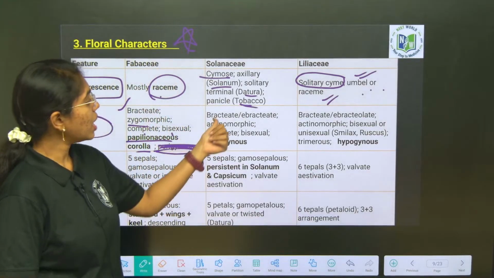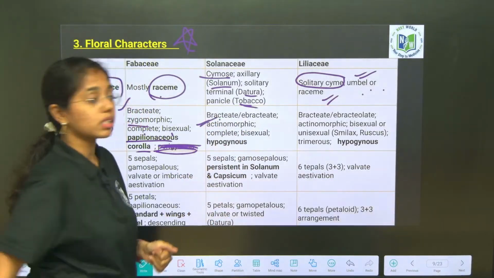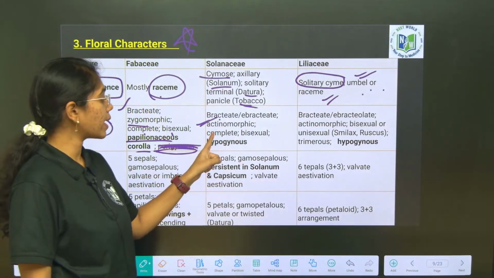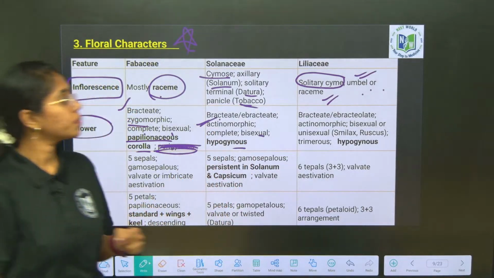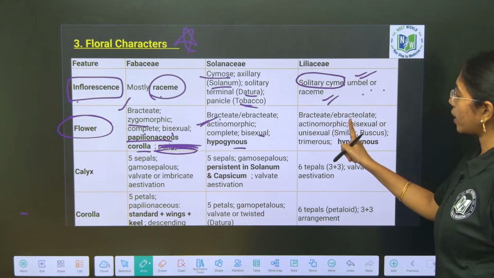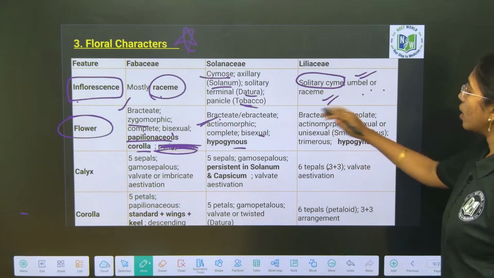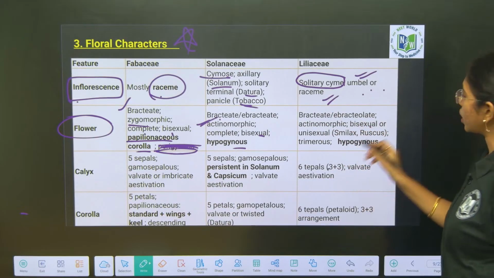In Solanaceae members you see bracteate or ebracteate, any condition; actinomorphic is its symmetry, as we have observed in the floral diagram; complete flower again, bisexual and hypogynous. In Liliaceae you observe bracteate, ebracteolate, actinomorphic, which follows radial symmetry, bisexual or sometimes unisexual.